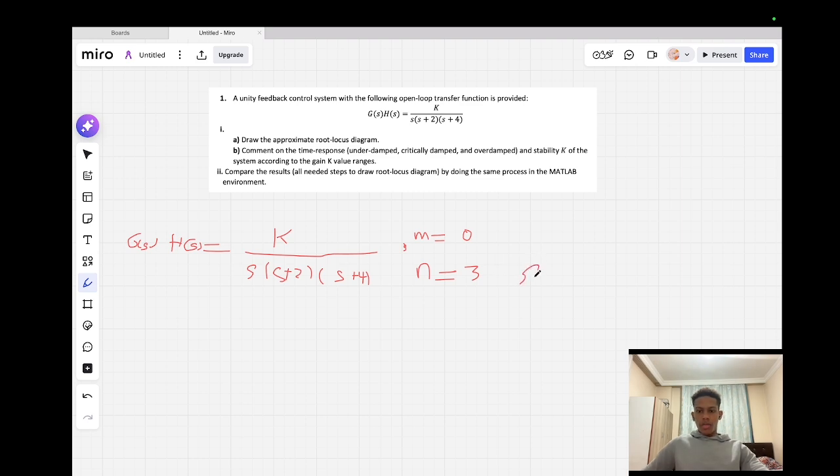So s1 equals 0, s2 equals minus 2, and s3 equals minus 4.